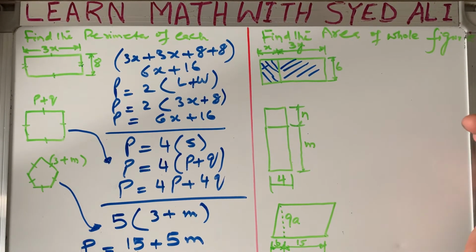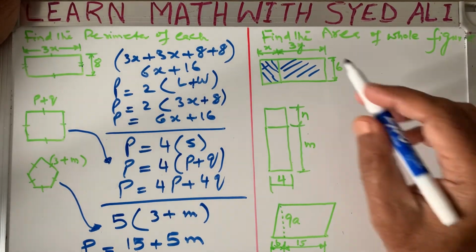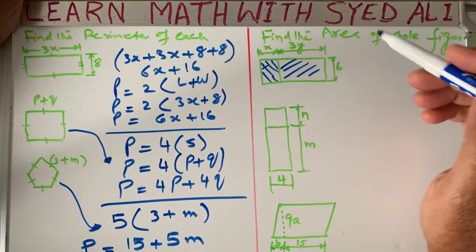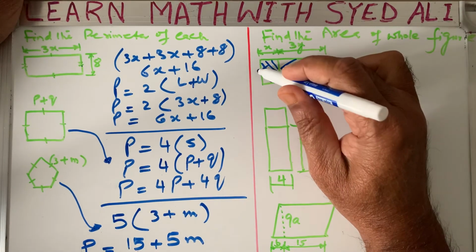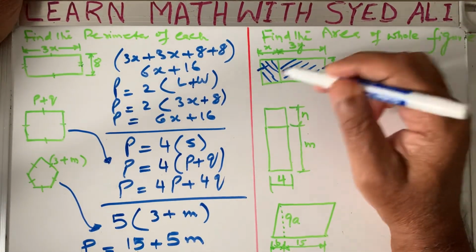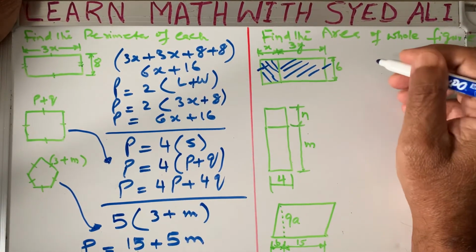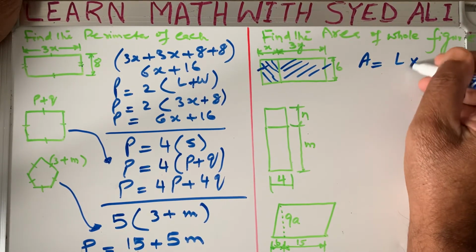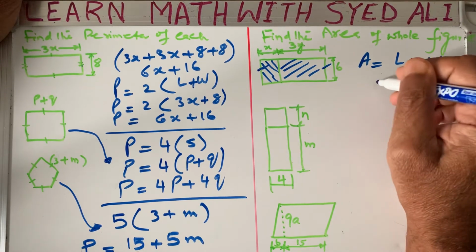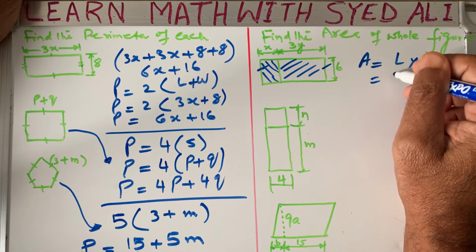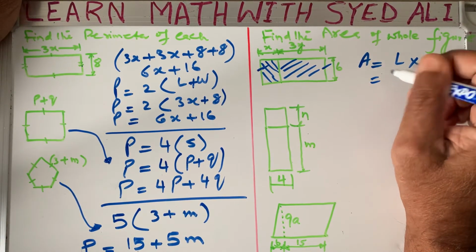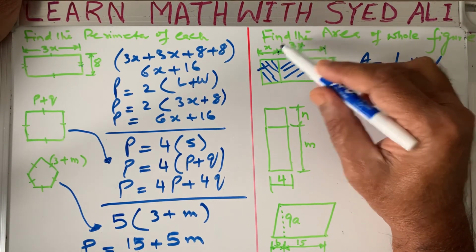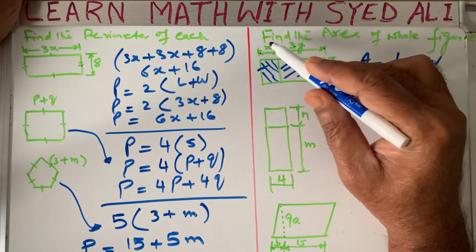Now we come to the second question: find the area of the whole figure. We can check that this is a dash and this is a dash, so these two sides are equal. So we have no worries now for area, and the area of a rectangle is equal to length times width. The width is 6, and the length comprises 2 sections: one section is 3y and the other section is x.